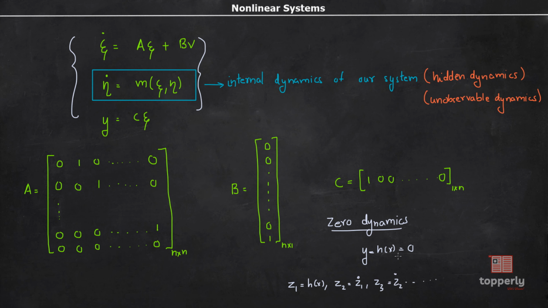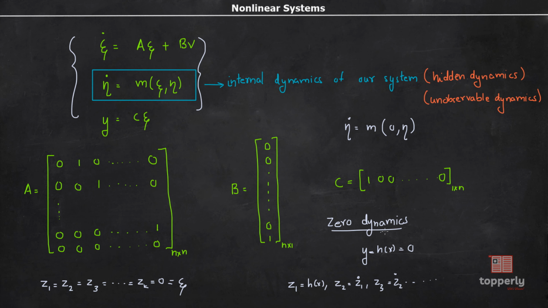Therefore, this constraint means that z1, z2, z3, etc. up to zk will be 0. That is, theta will be 0. As a result, the internal dynamics of the system will be governed by eta dot is equal to m of 0, eta, because theta is 0.